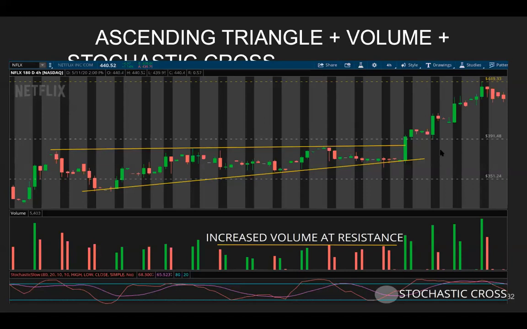So you have an ascending triangle here. You have the breakout of the ascending triangle and you have increased volume at a resistance. What crossed first here? Again, this is without the EMAs. What crossed first? Stochastics crossing first, and then you have a spike in what?